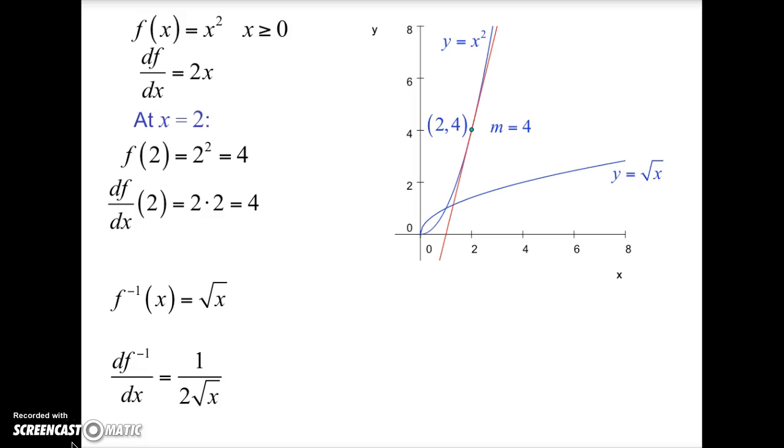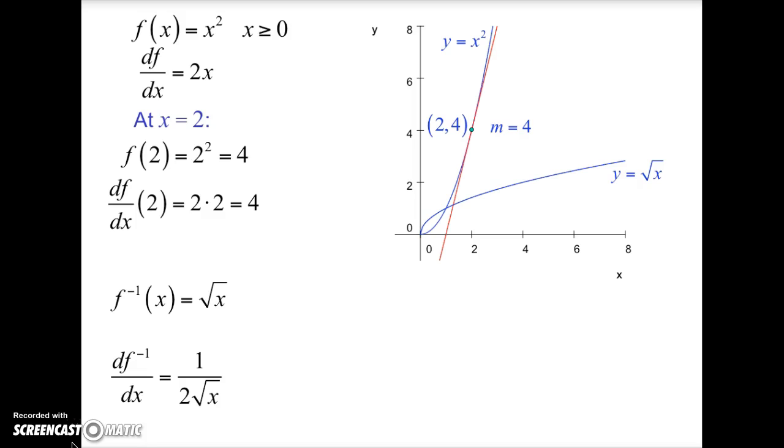So if a function f, for example, has the point 2 comma 4 on it, then f inverse has to have 4 comma 2 on it. If the function f had, I don't know, 12 comma 8, f inverse would have to have the point 8 comma 12. Whatever, if an ordered pair a comma b is on a function f, then the point b comma a must be on f inverse.